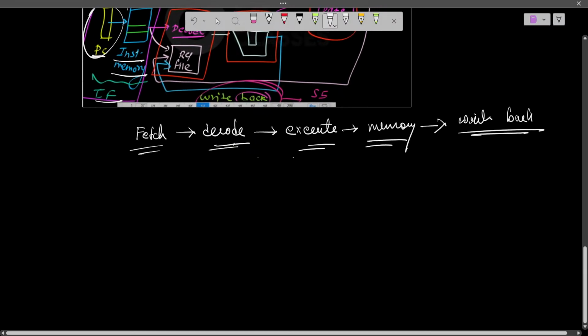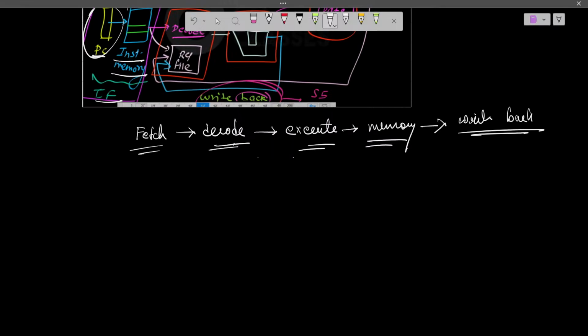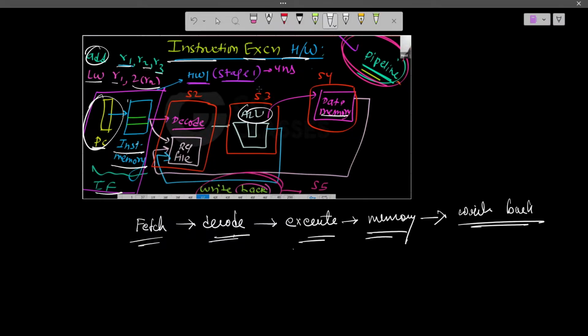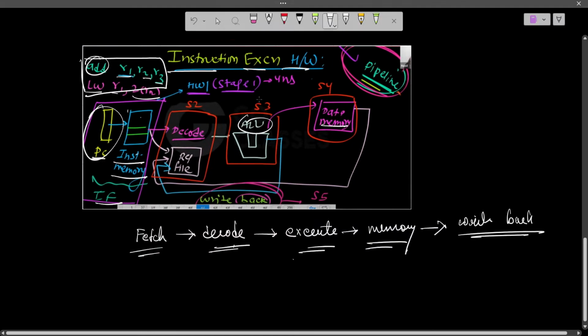Okay, so, and this is just the internal working. And if you see this assembly part, let me show you guys.